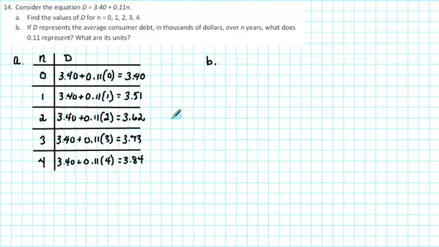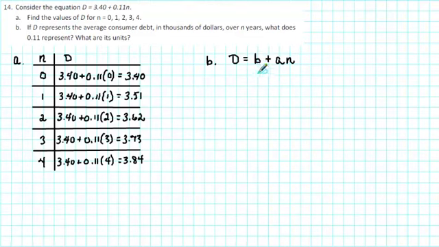Part B. If D represents the average consumer debt in thousands of dollars over n years, what does 0.11 represent? What are its units? Well, what we need to recognize here is the form of the equation. We have D is equal to some number, and we're going to use B to represent that number, plus some number, I'm going to use the letter A to represent that number, times n.